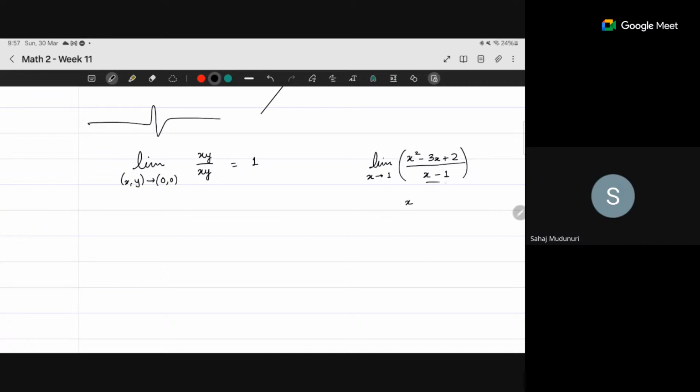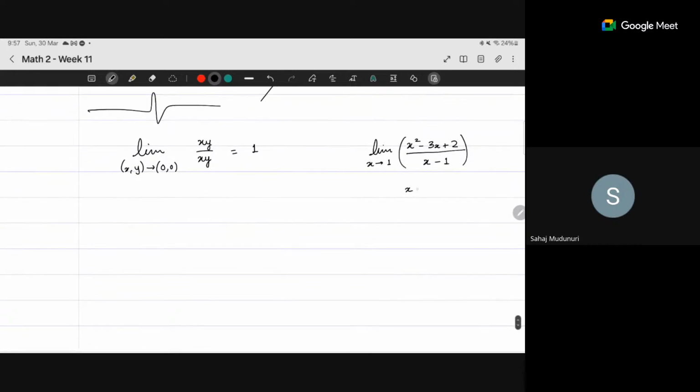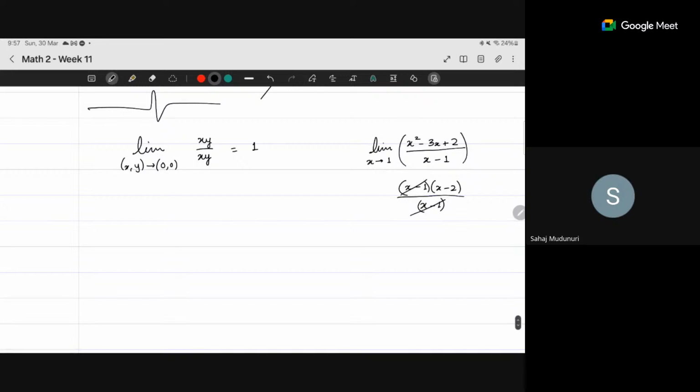The denominator is going to 0, but I observe that it's x minus 1 times x minus 2 divided by x minus 1, and I can cancel this because when I'm taking the limit, you want to observe the behavior around that point, not at that point. Yes, around that point this cancellation is valid. Similarly, around this point, this cancellation is valid.